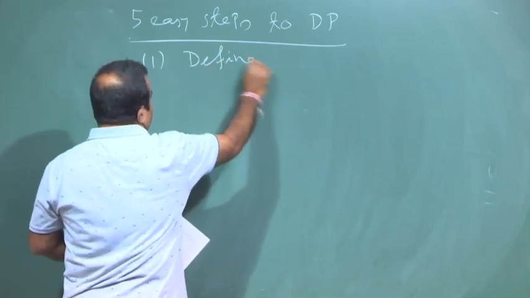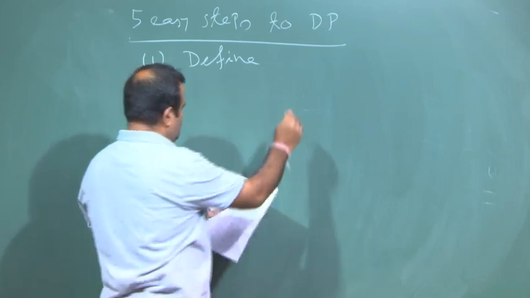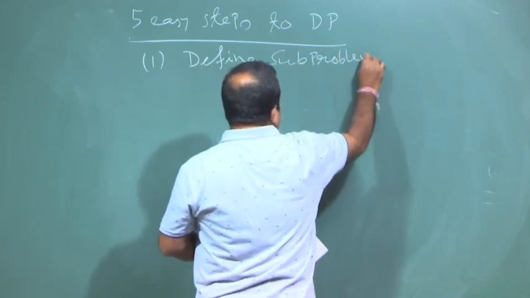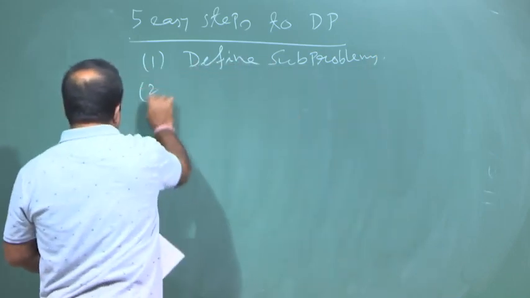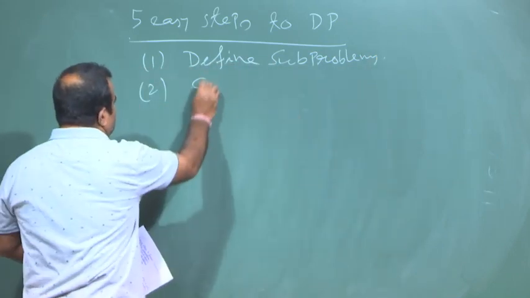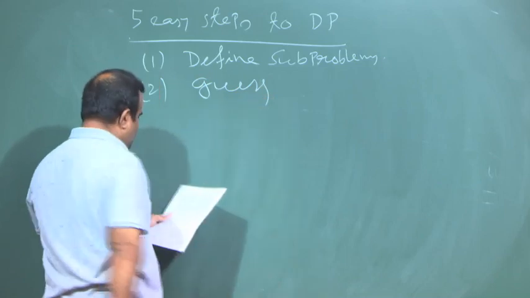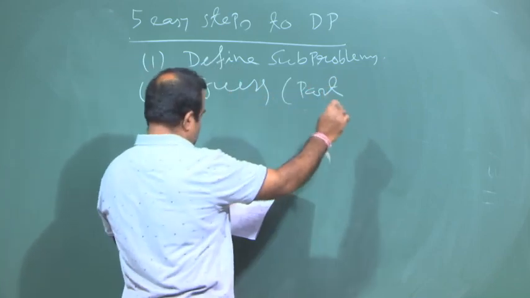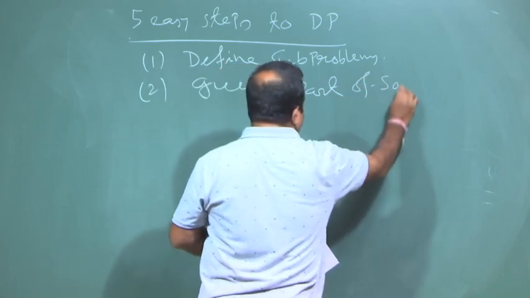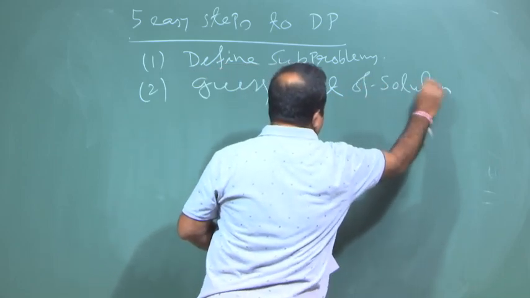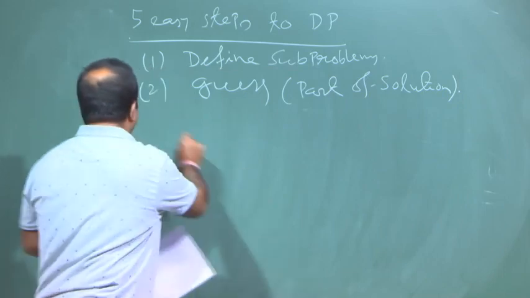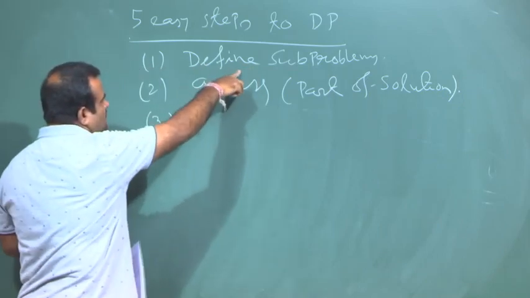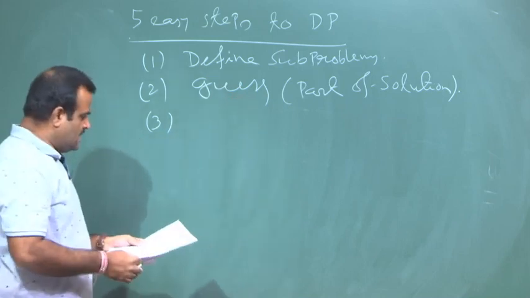We should have that naive recursive formula. The second step is to guess part of the solution. That way we reduce this exhaustive exponential space to polynomial space.